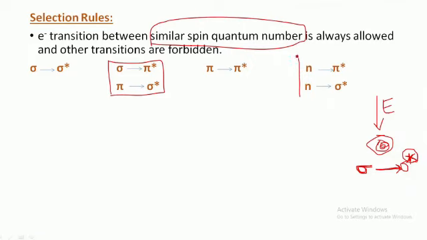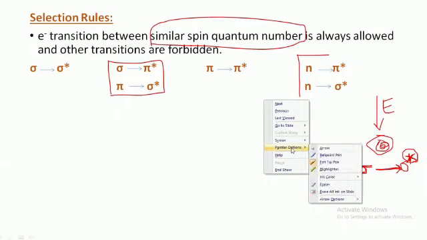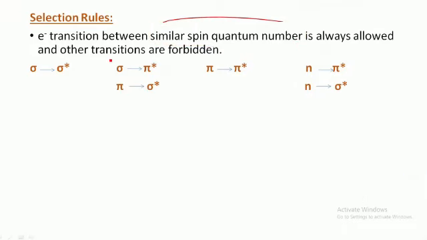These two kinds of transitions, sigma to pi star and pi to sigma star, are not allowed, or completely forbidden. They will never take place, because these two are in different quantum numbers. The sigma state and the pi state are two different quantum numbers of a spin state, so it will never happen.